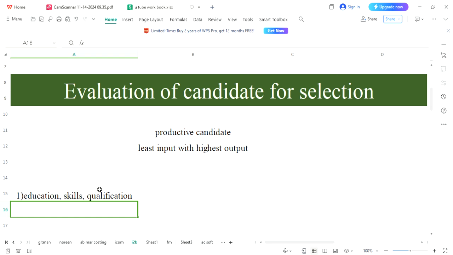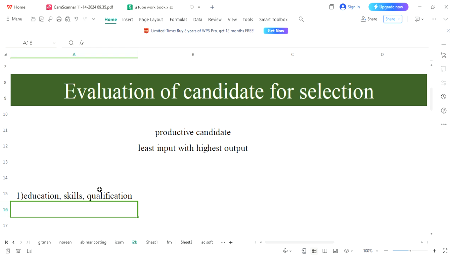Obviously, if you need an accountant, we will see what level of education he has. What kind of education does he have? Let's say we were talking about an accountant, so we will see whether he has an accounting degree. This is the first criteria.